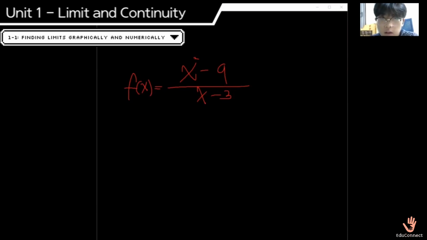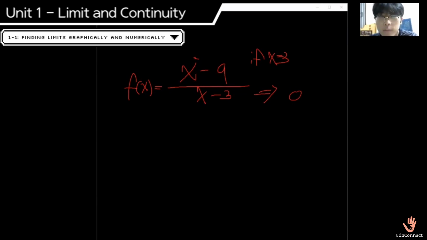As you can tell, we can plug in any value of x except for 3, because if I were to plug in a 3, I would get a 0 in the denominator. Denominator equals 0, so undefined value. So it's not clear what the graph would do when x is equal to 3.